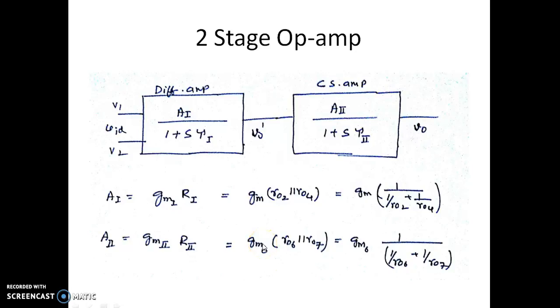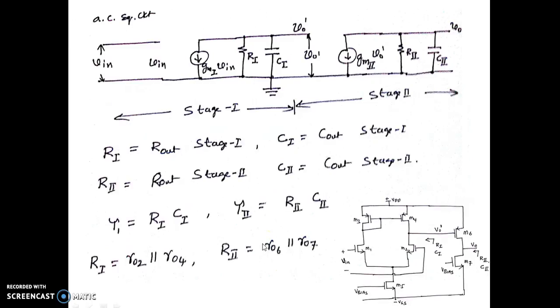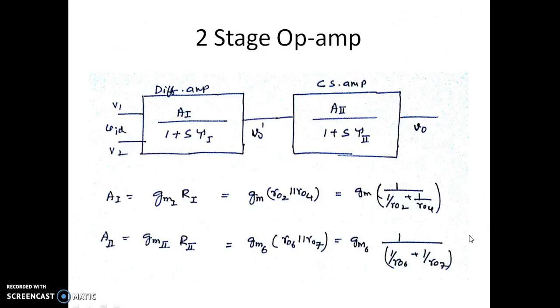And if we just go back and see the circuit, the GM of the second stage is contributed by this M6. So that is GM6 multiplied by the R out. So R out is actually R06 in parallel with R07. So we can also write, since it is parallel combination, we can write it as 1 over the conductance, the admittance of R04 and R02.